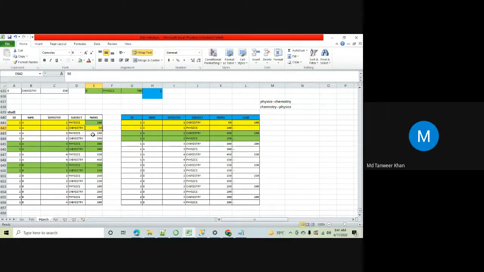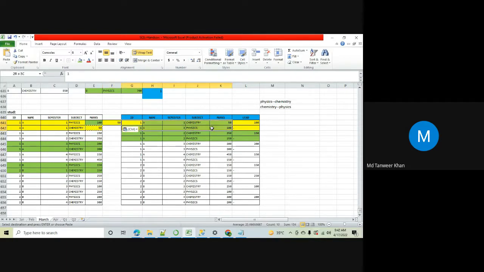Now there is a problem in SQL. SQL cannot compare two rows directly. So I thought that if I move this 50 to this position, then I can compare these two, right? So that's what I have done here.